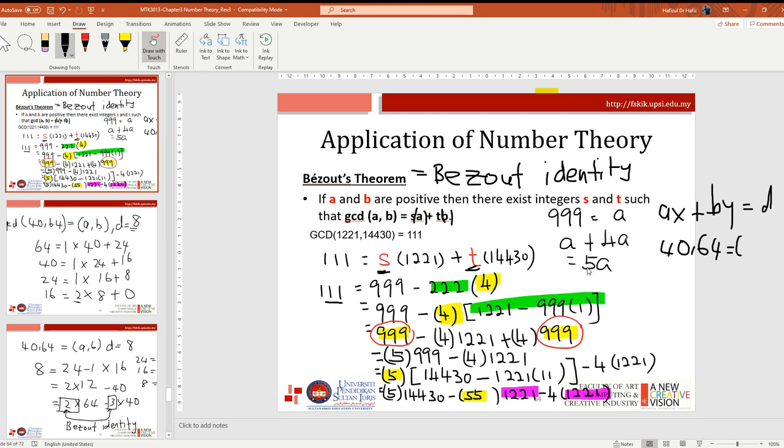Sekejap, saya calculate dah. Eh. 94 darab. Okay.